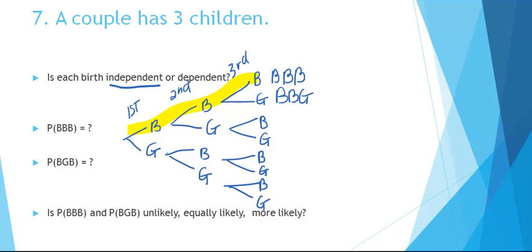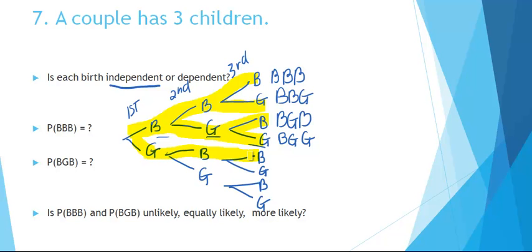And then the third, so I did these two branches, and then I go here, boy, girl, boy. And then boy, girl, girl. And then I go down to the girl, boy, boy. And then the next one is girl, boy, girl. And then girl, girl, boy, and then all girls.